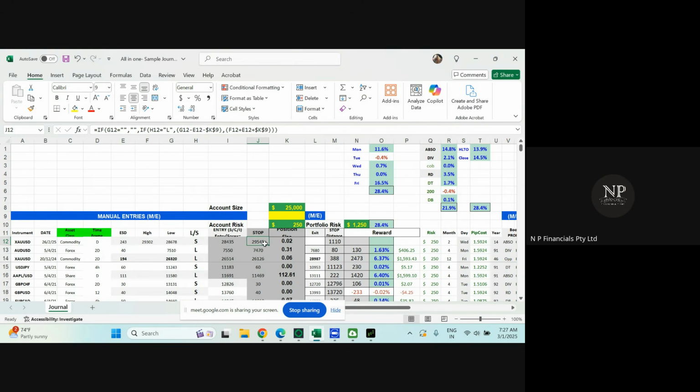should be previous high plus ESD. And the entry should be low minus ESD. Correct?